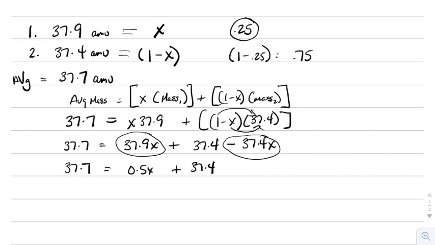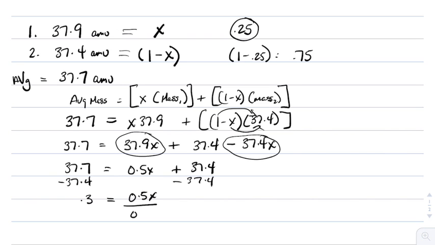I'm now on both sides going to subtract 37.4, subtract 37.4, and what I will get is equals 0.5x, and if I do that, I'm going to be left with 0.3.